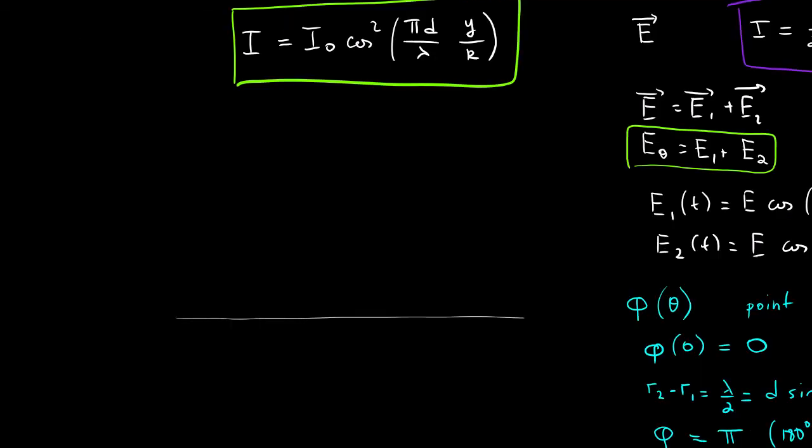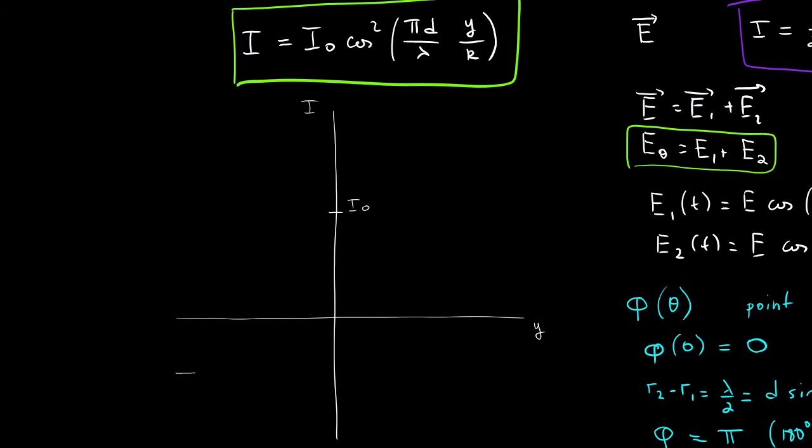Now let's graphically visualize the points on the screen and intensities. I'm going to put the screen horizontally, and the intensities on a vertical axis, where let's suppose this one is maximum intensity. Here I'm going to put the values of y, the distance of a point in the pattern.